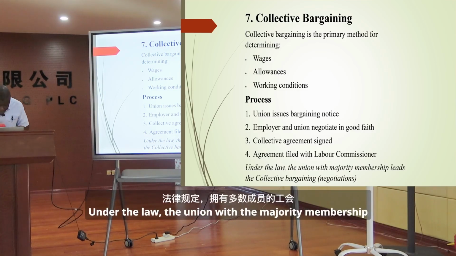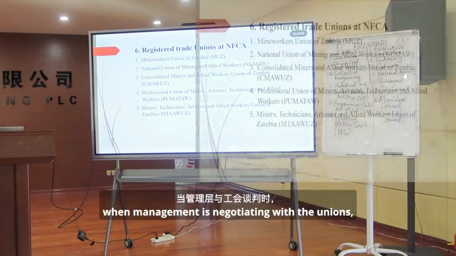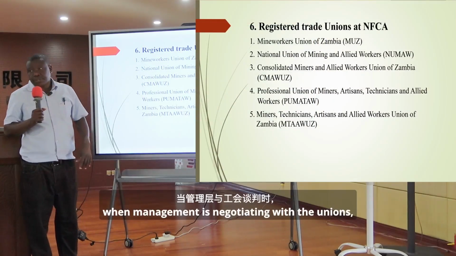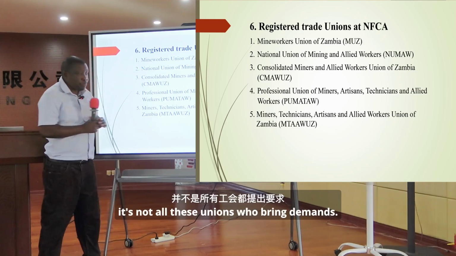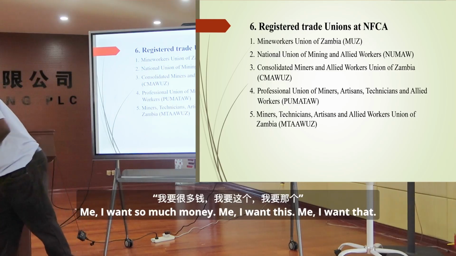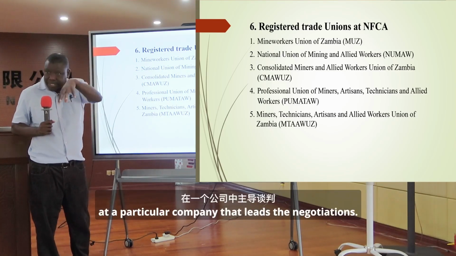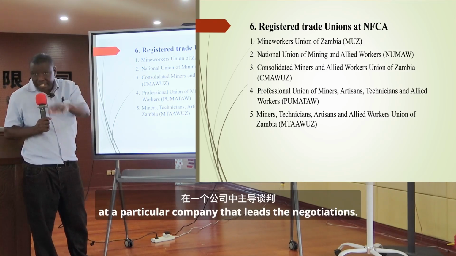Under the law, the union with the majority membership leads the collective bargaining. That is important. When management is negotiating with the unions, it's not all these unions who bring demands: me, I want so much money, me, I want this, me, I want that. It's the union with the largest membership at a particular company that leads the negotiation.